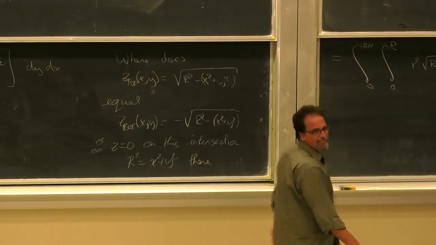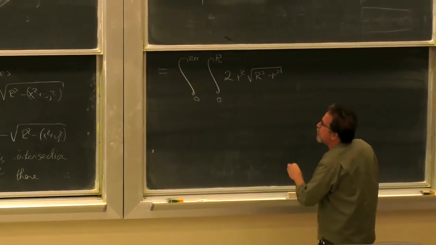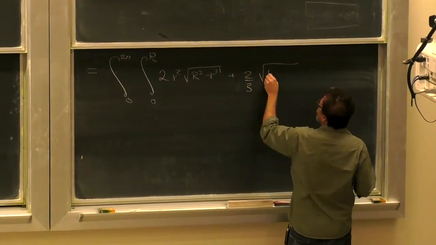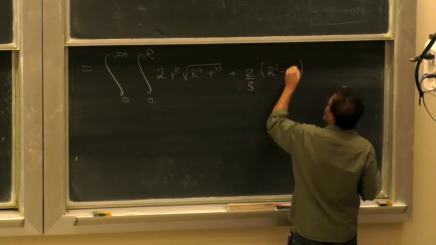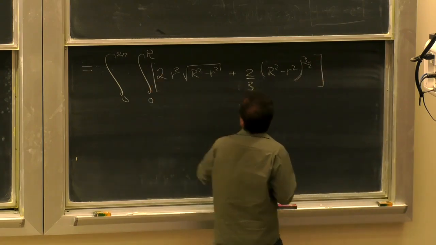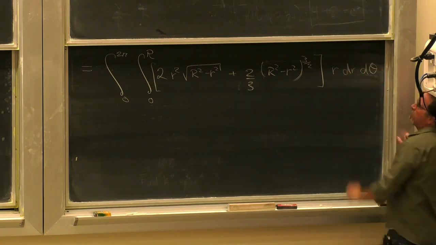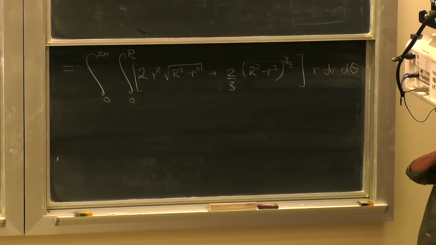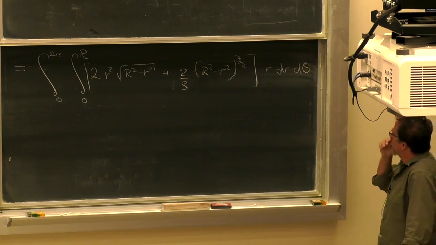I think I forgot the factor of 2 again. And then it should be a plus 2/3 times big R squared minus little r squared to the power of 3/2. And then I have to integrate this r dr d theta. So I have to do that integral.